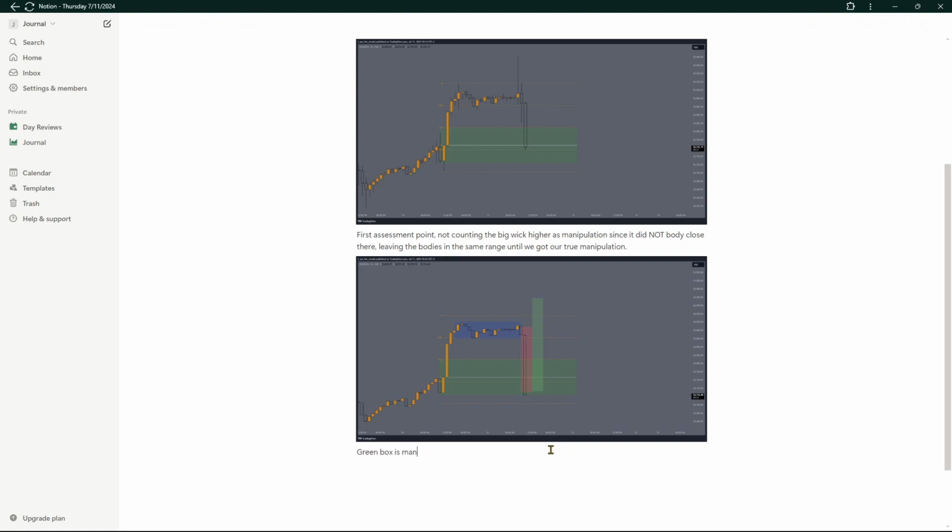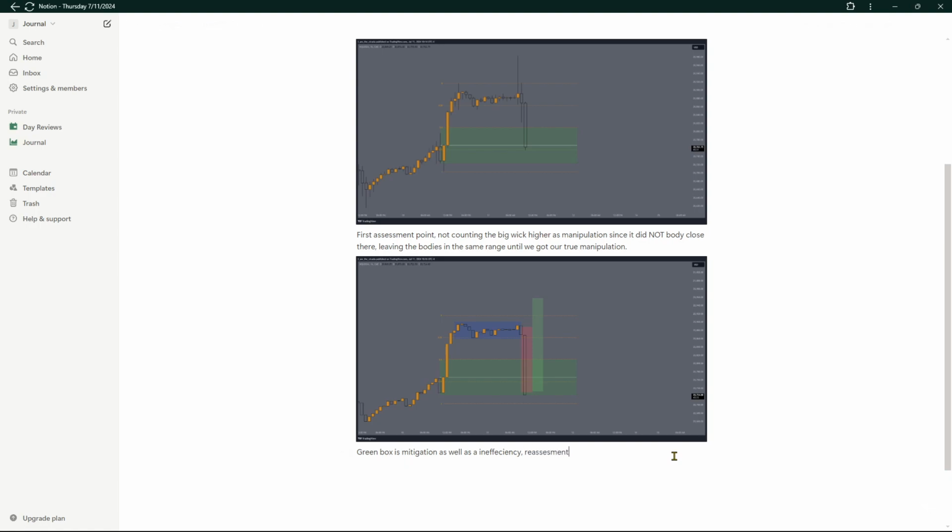Can't spell inefficiency. Inefficiency. As well as the efficiency.